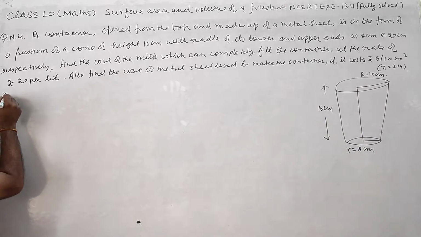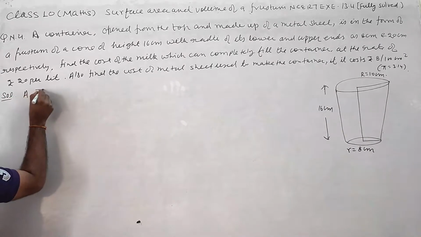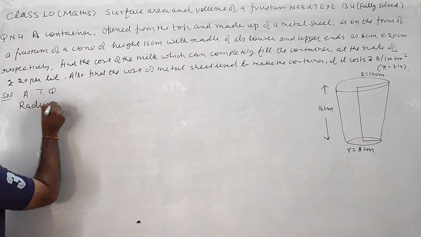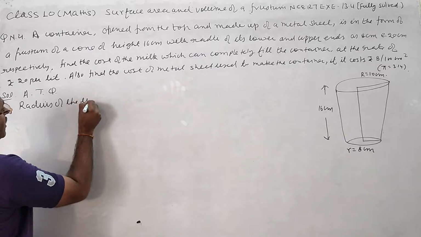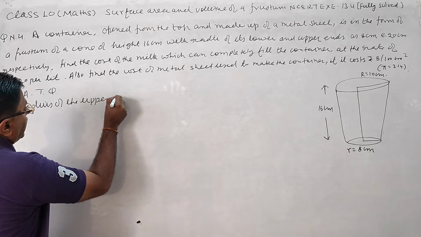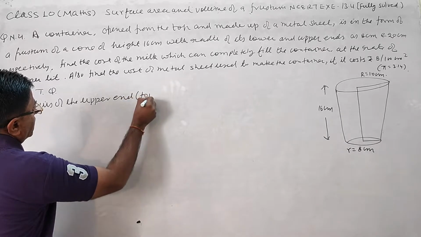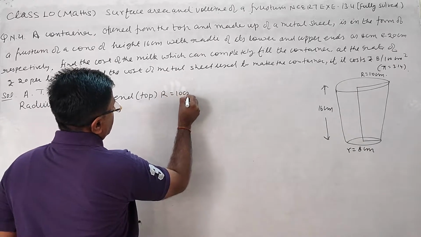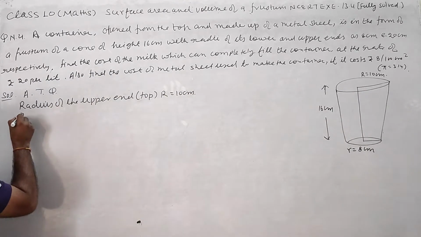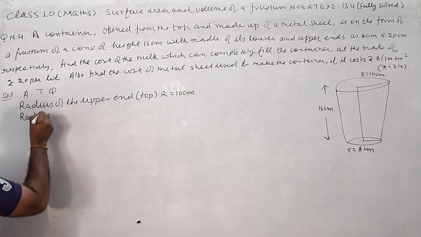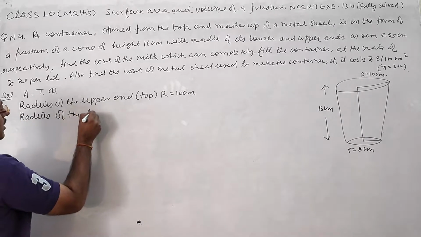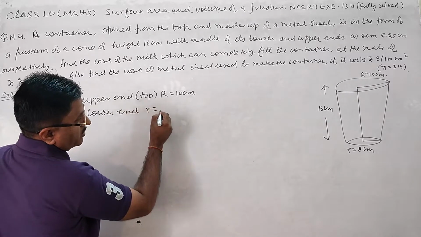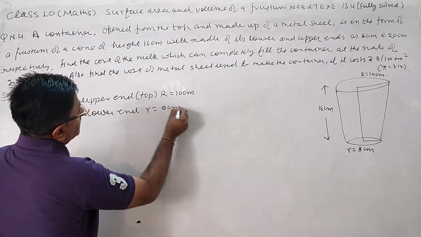In the solution you write, according to the question, radius of the upper end, or you can say top or open, so R capital is equal to 10 centimeter, and radius of the lower end, that is small r, equal to 8 centimeter.